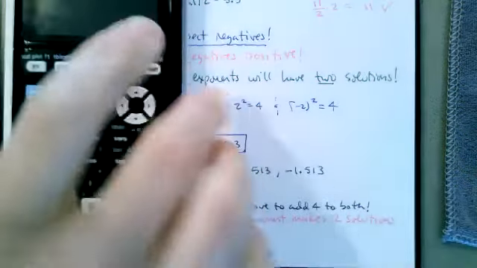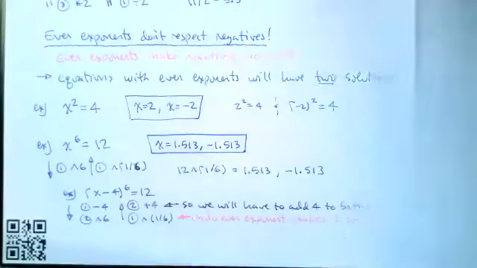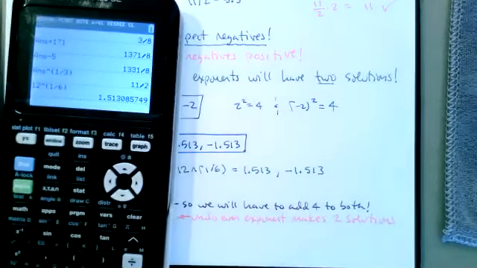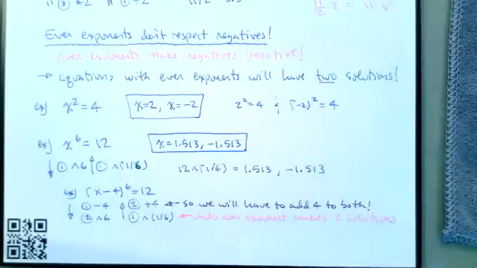So solving this equation on our calculating machine, we're going to start with 12 to the 1/6 power, and we'll have a plus 1.513 and a negative 1.513. So we have to add 4 to each of those. So we have to do it separately. So we'll first add 4 and get 5.513. That will be one of our solutions.